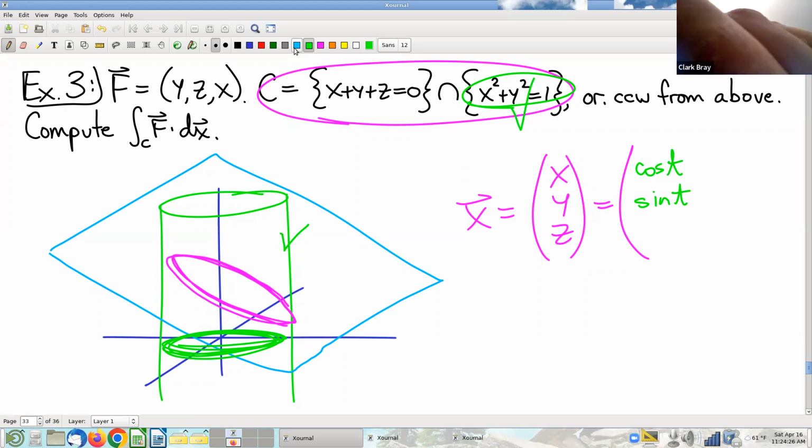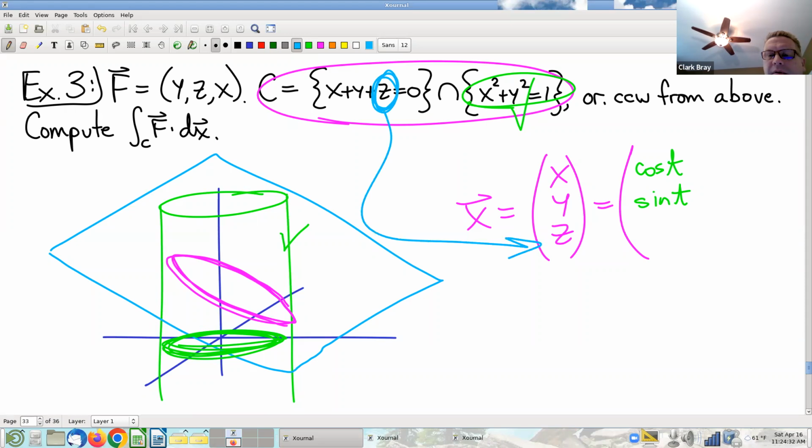The z coordinate, I can notice right there, in order to make sure that I stay on the plane, which of course I must, z is apparently going to have to be negative x minus y. And so I can just say minus cosine t minus sine t. And there you go. That is a parameterization then of my curve.